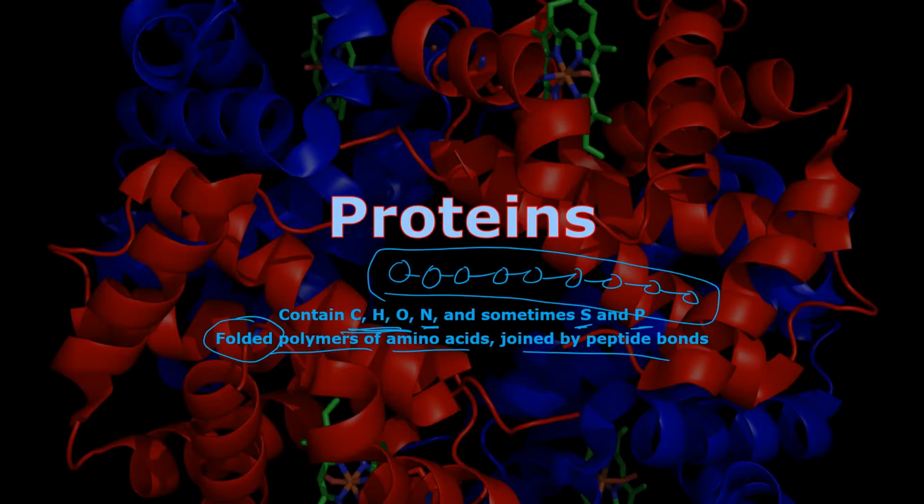You can see in the background picture all those red curls and blue curls and these twists and turns. There's going to be different structures that we can fold these polymers into that will give it a nice three-dimensional shape that will allow it to have a very, very specific function. And there are many functions of proteins in cells in bodies, so we can't talk about all of them, but we will probably talk about 5 big ones after we get past the concept of folding a protein.